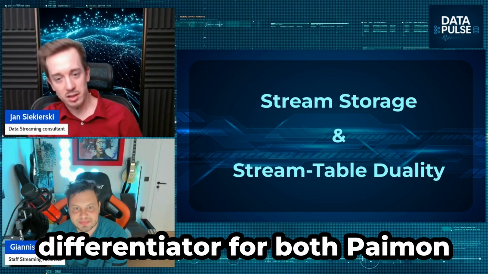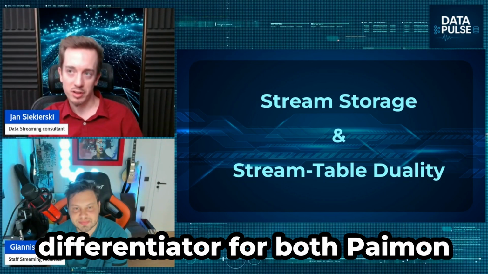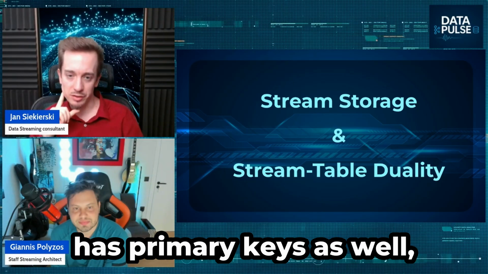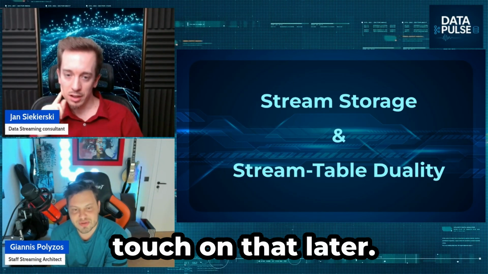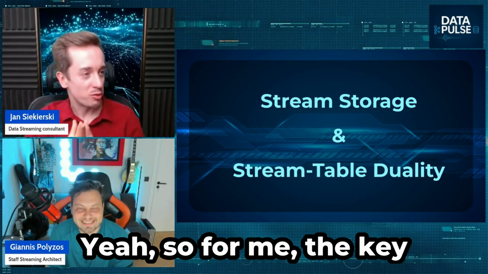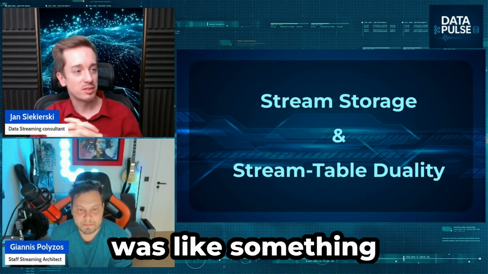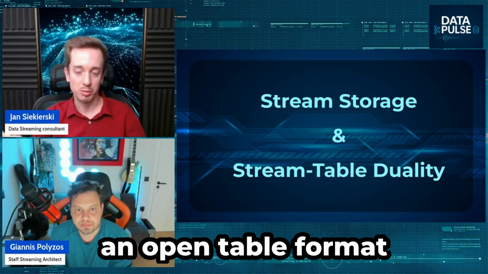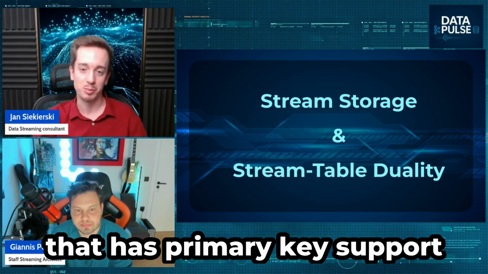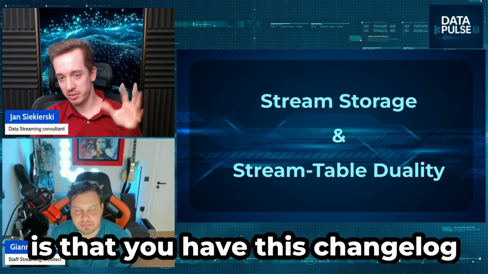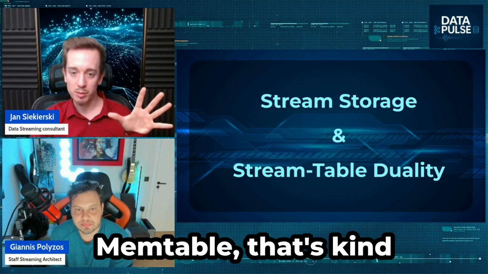For me, the key differentiator for both Paimon and I think Fluss as well, because Fluss has primary keys as well, right? Yeah, we can touch on that later. For me, something that really caught my attention was that this is an open table format that has primary key support, and how it's done is that you have this changelog as ingestion, the memtable.